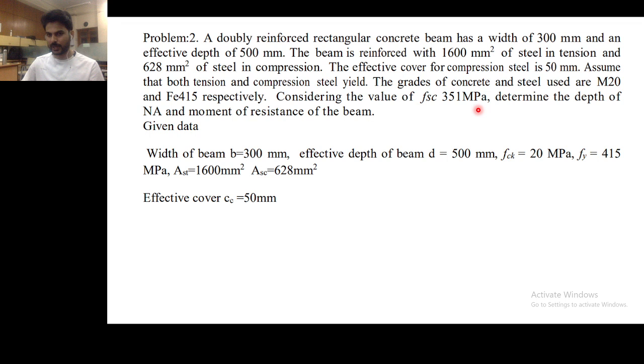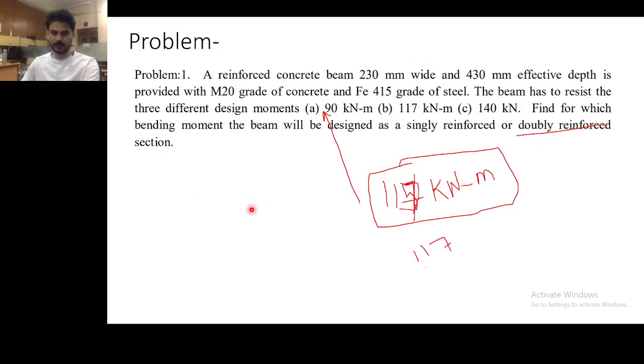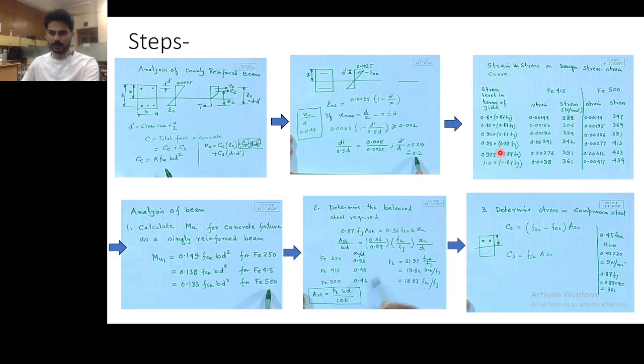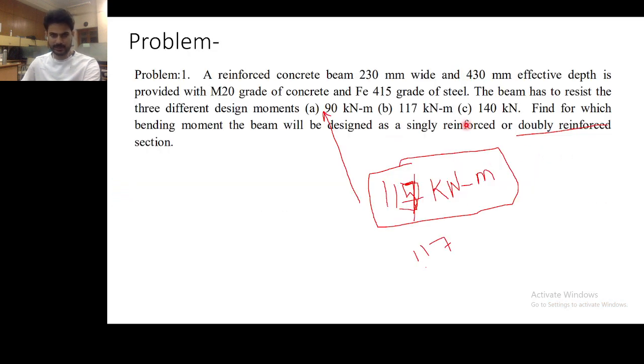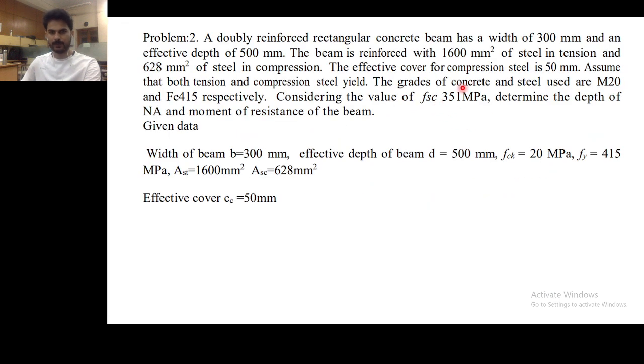We don't have to use this table to directly calculate the stresses for whatever strain comes in the FSC. So directly they have given these values, so it is an easy problem, I guess. So yeah, FSC is also given. Determine the depth of neutral axis and the moment of resistance of the beam.